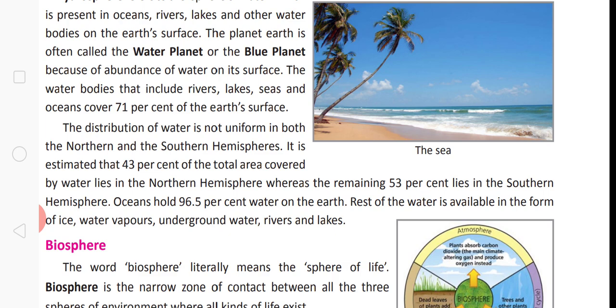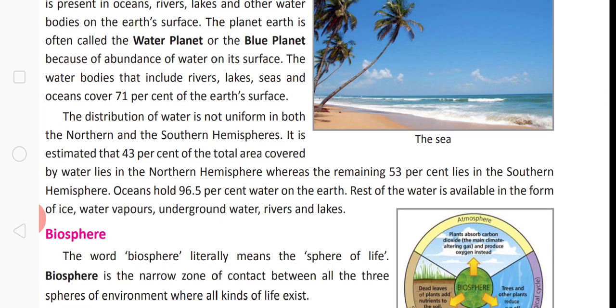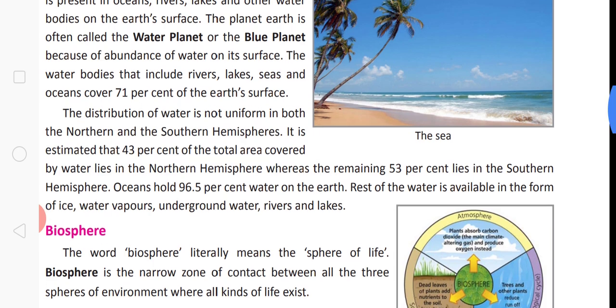The water bodies that include rivers, lakes, seas and oceans cover 71% of the earth's surface, and the distribution of water is not uniform in the northern and the southern hemisphere. The distribution is not the same everywhere.